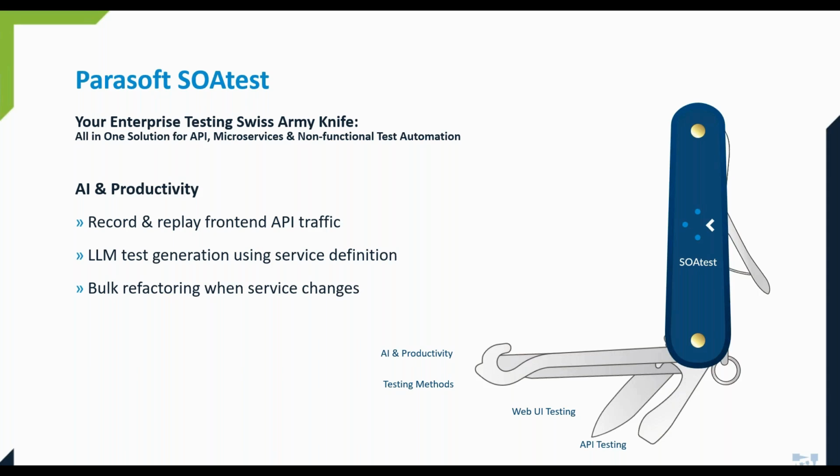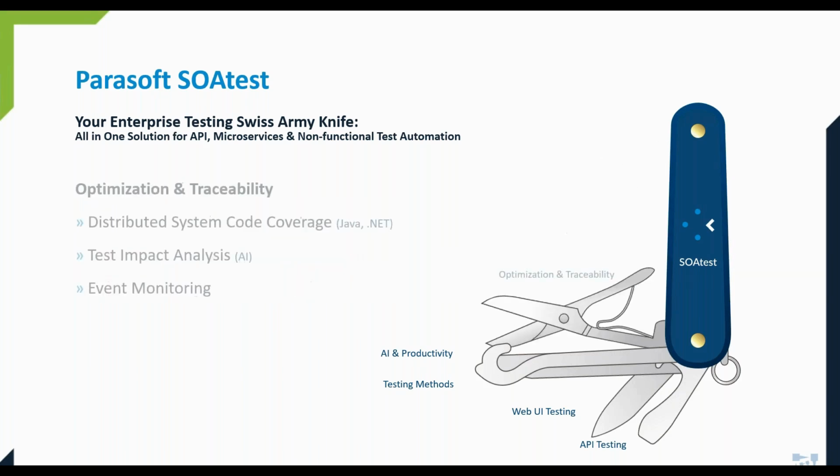Now, it can also be optionally integrated with large language models such as OpenAI or Azure OpenAI to enable teams to rapidly generate API scenario tests from service definition files and user-crafted prompts. It also enables teams to easily maintain test cases when services change with its change advisor capability that will identify and bulk refactor impacted API test cases.